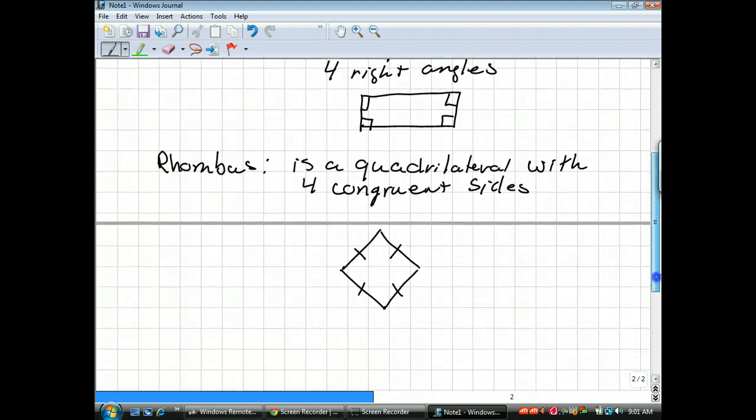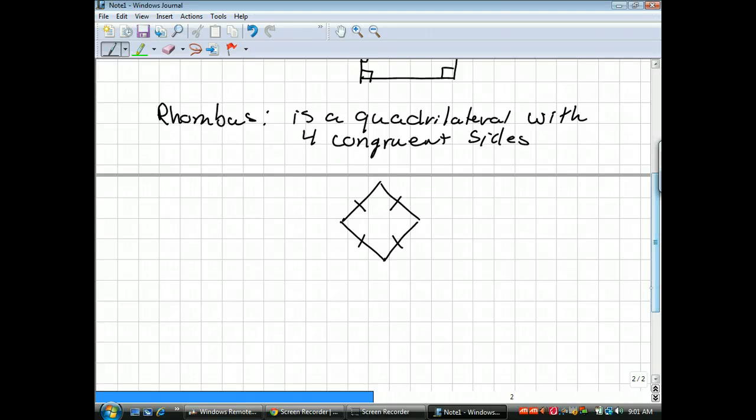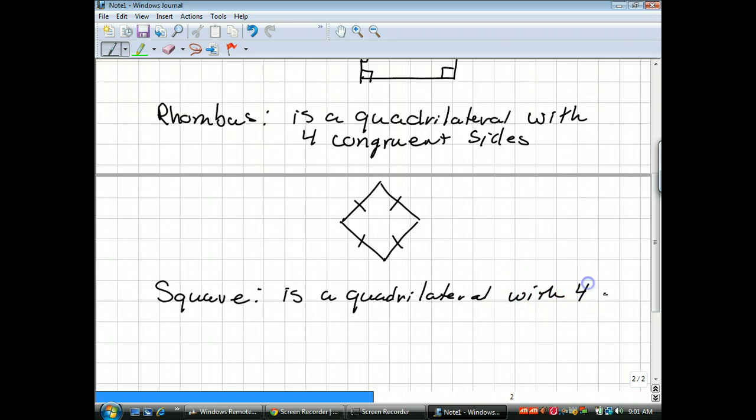And then the final definition is a square. A square is a quadrilateral with 4 right angles and 4 congruent sides.